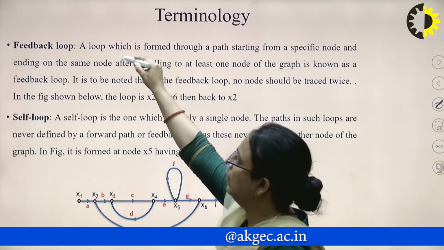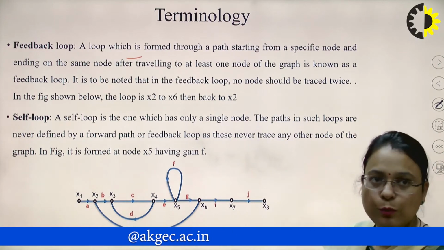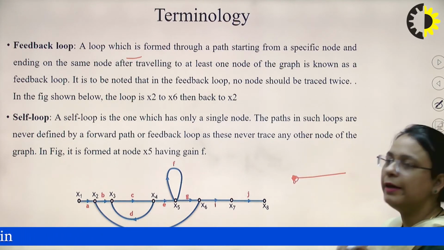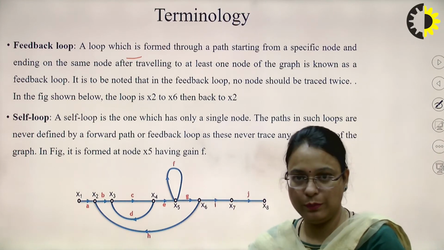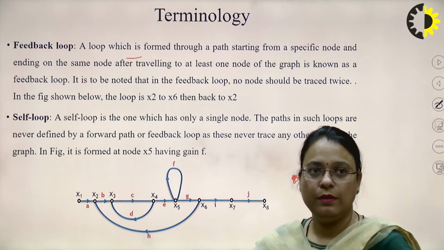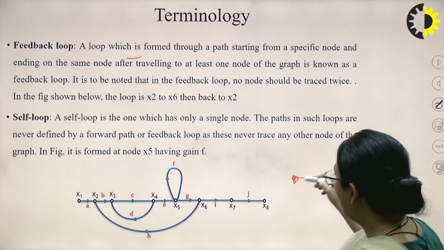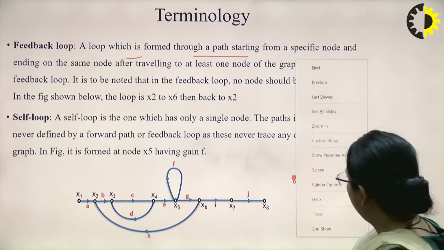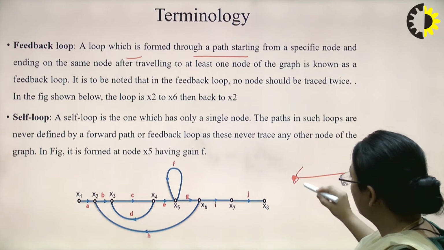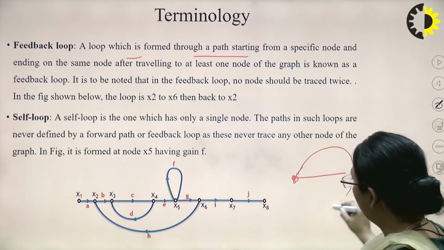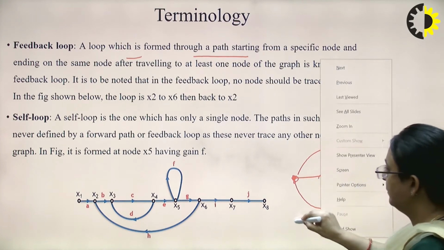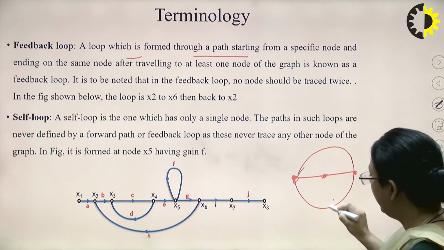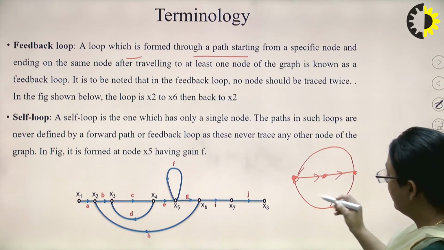Now what is a feedback loop? A loop is a path which starts at a particular node and ends at the same node, traveling through at least one node, without tracing any node twice.